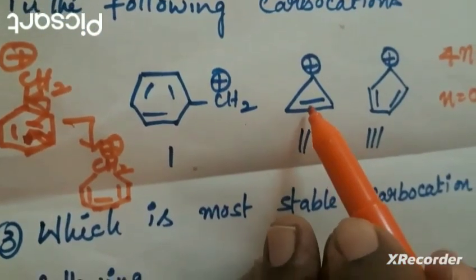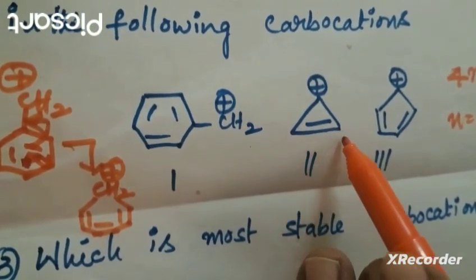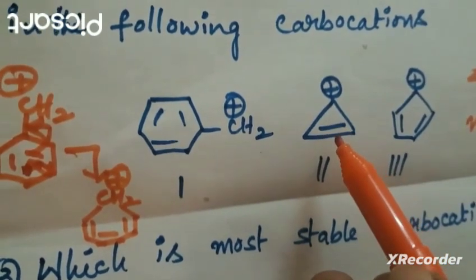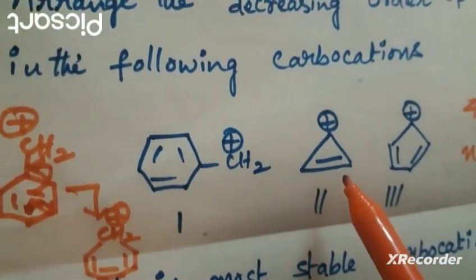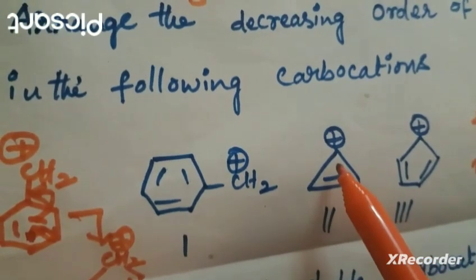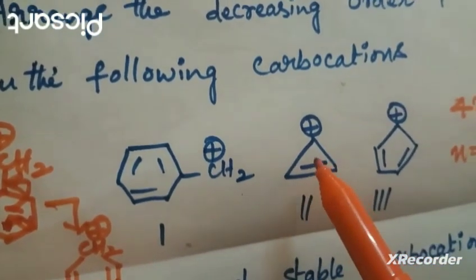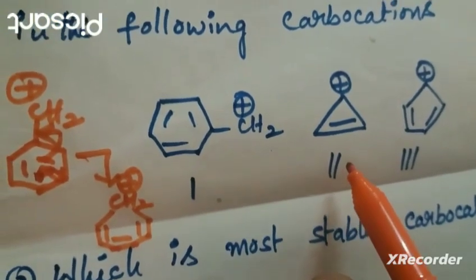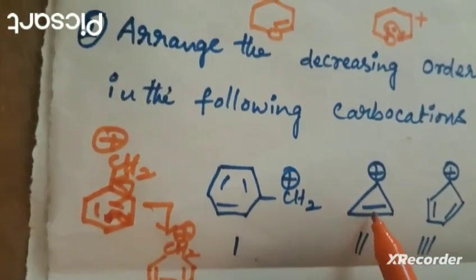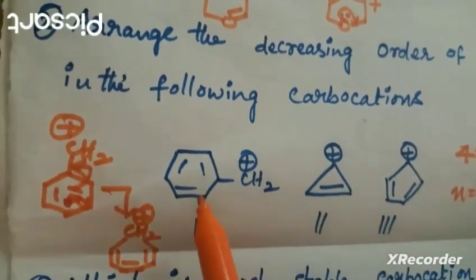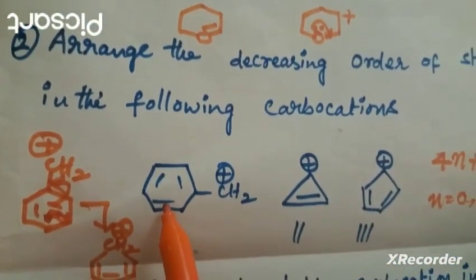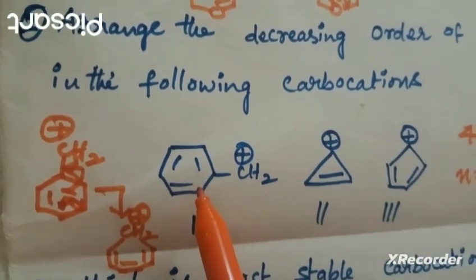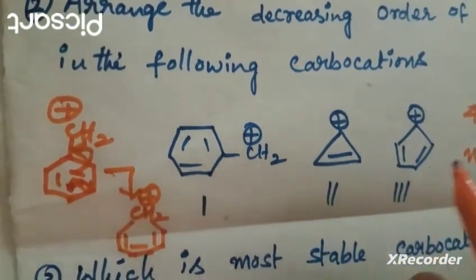And the cyclopropenyl cation is also aromatic because all the carbon atoms are sp2 hybridized, it follows the 4n plus 2 pi electron rule, and it has a planar structure. But compared to the first one, the stability decreases in the second one, because there is only one pi bond, whereas in the first one there are 3 pi bonds and more resonance structures, hence more stability.